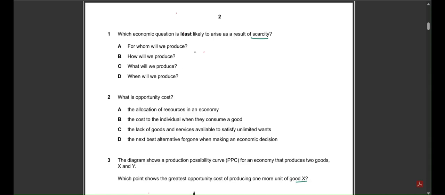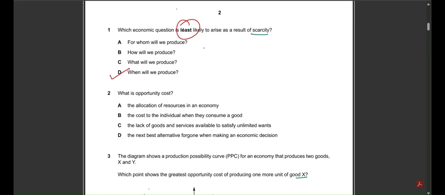Second is how will we produce. Third option is what will we produce, and the fourth option is when will we produce. So the question is least likely to arise, and we have hardly heard about this question. So the right option would be option D, when will we produce.